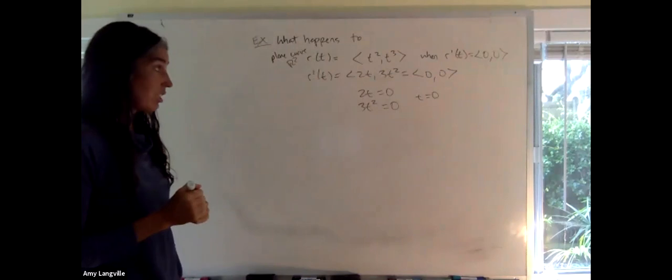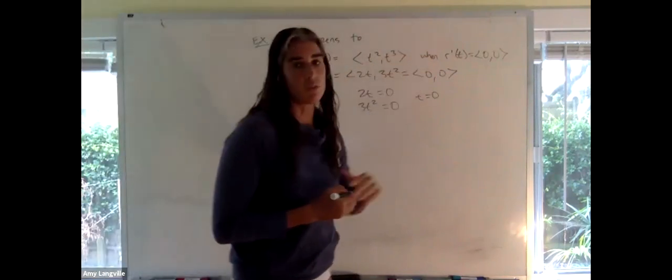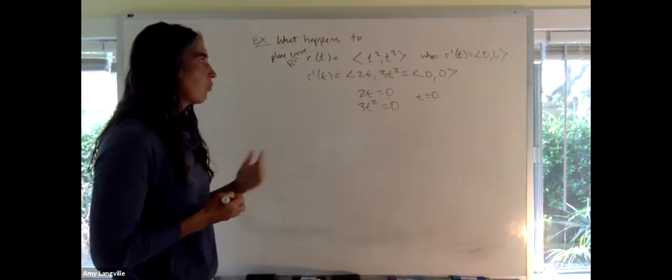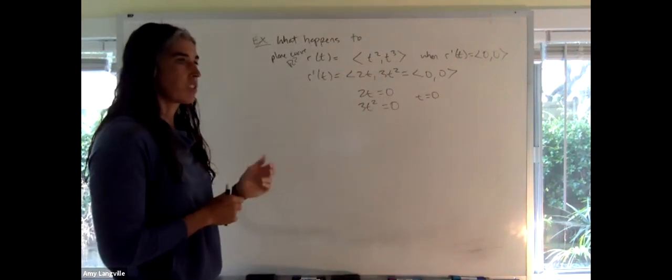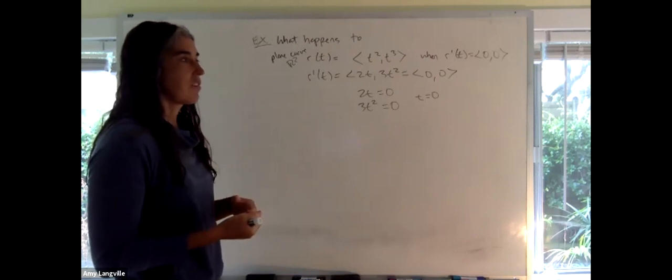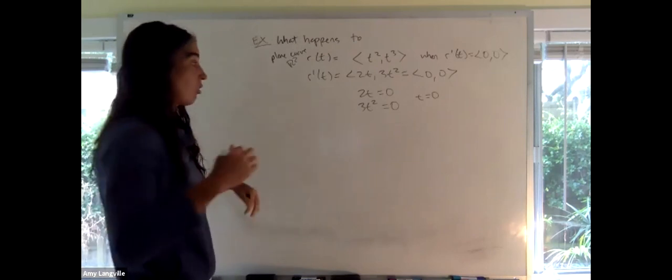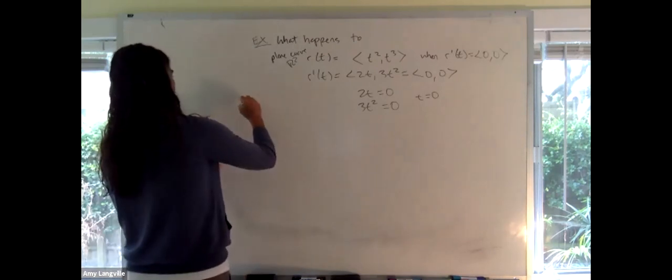We solved this. So t equals 0 solves the equation of setting the derivative equal to 0. And what happens there? We'll see that here, when we're talking about plane curves and space curves, setting the derivative to 0 enables us to find points that are called non-smooth points.